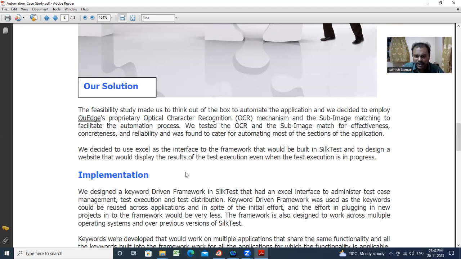So we created the OCR mechanism and sub-image matching to facilitate the automation process. We tested the OCR and sub-image matching for effectiveness, correctness, and reliability, and it was found to cater for autonomous testing for selecting cells and applications.